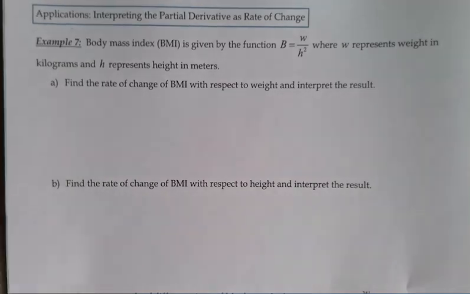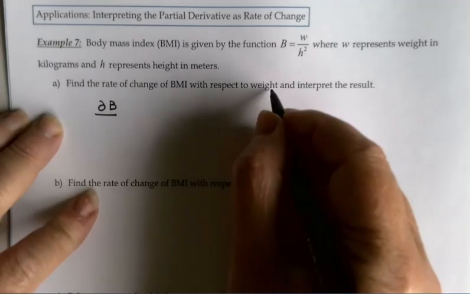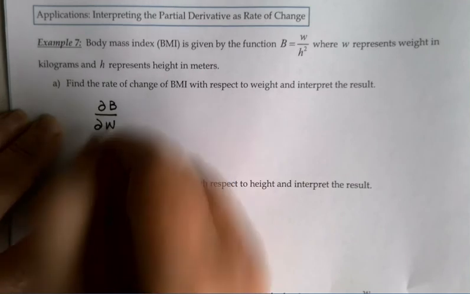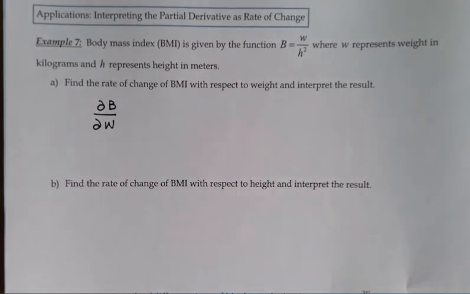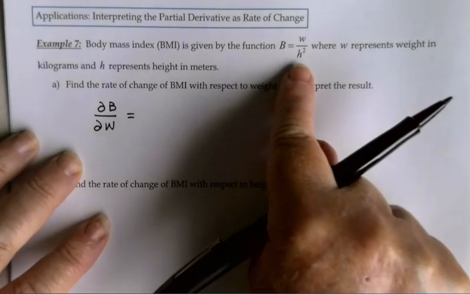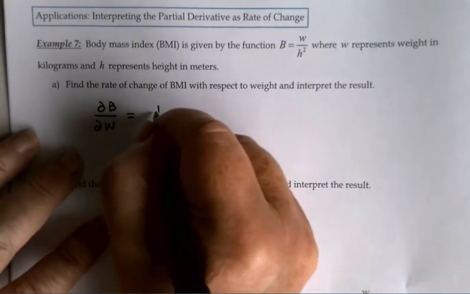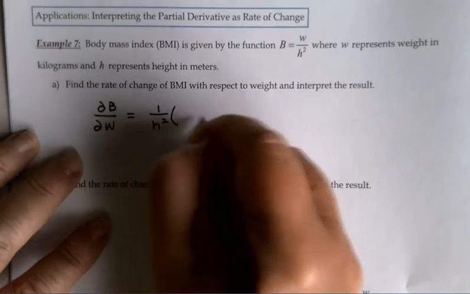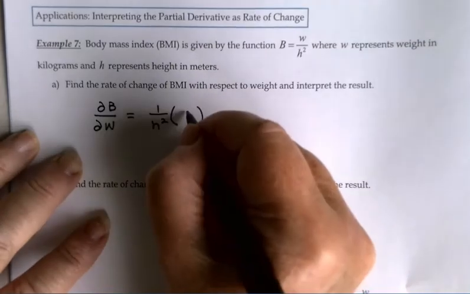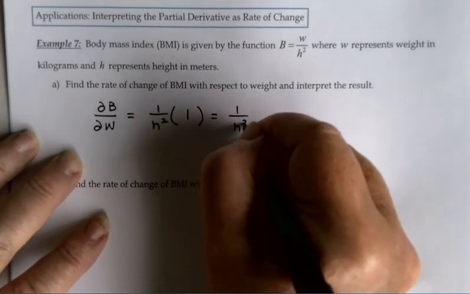That means I'm asking for a derivative, and specifically of BMI, B, with respect to weight, W. So I'd like the partial derivative of B with respect to W. As I look at my function, h squared is getting treated as a constant, so I could literally think of this as 1 over h squared times the derivative of W, which is 1, or just 1 over h squared.